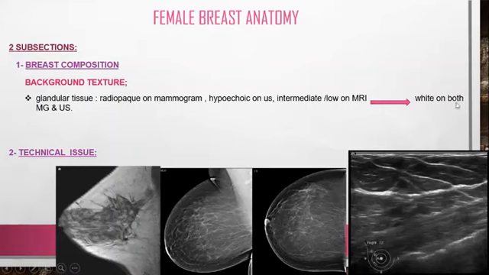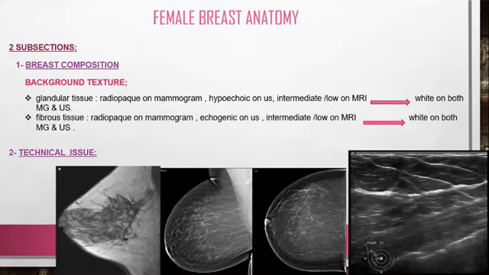While fibrous septum, fibrous tissue is radiopaque on mammography, echogenic on ultrasound, and also intermediate on MRI.